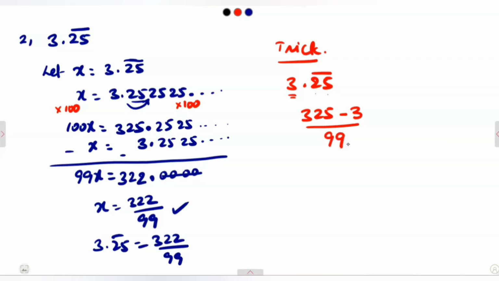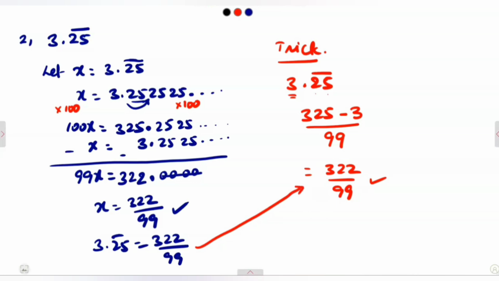Previously we wrote 9 for one digit repeating, so here two digits are repeating, write 99. So the answer becomes 322 by 99. This is your answer, and with working and without working, both give the same answer.